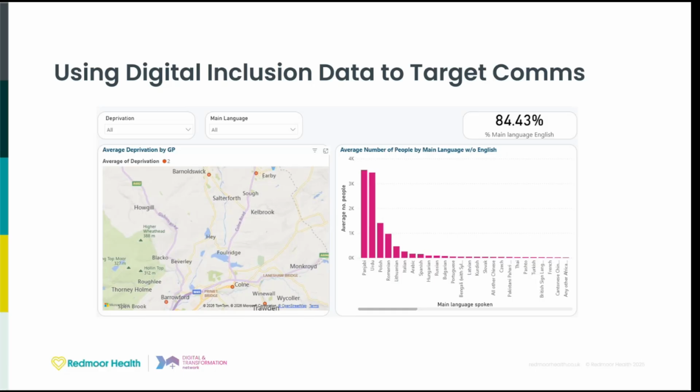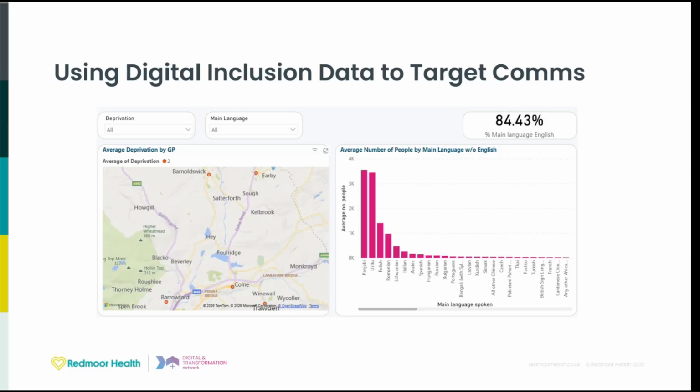And in areas like this, clear digital messages with a strong call to action, such as links to online consultations, booking pages or the NHS App, are more likely to be effective for a larger proportion of patients. And they can help reduce unnecessary follow-up contact when supported by appropriate alternatives.